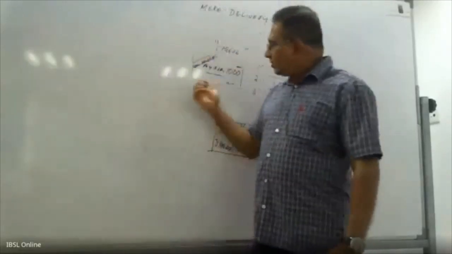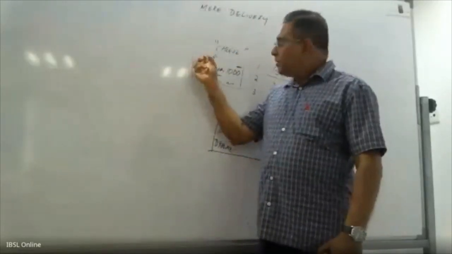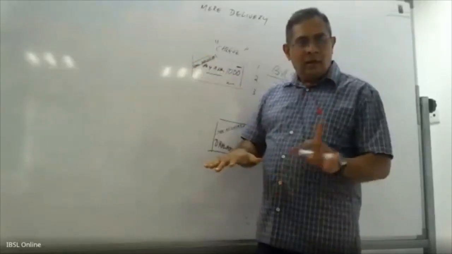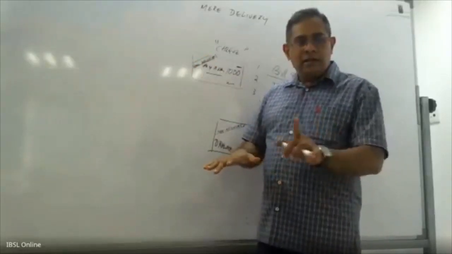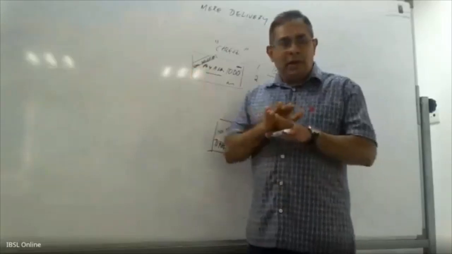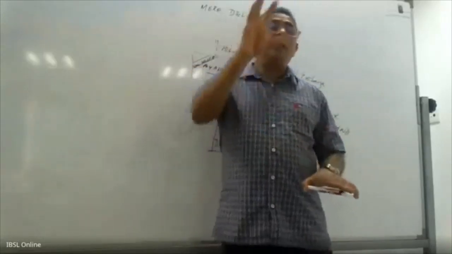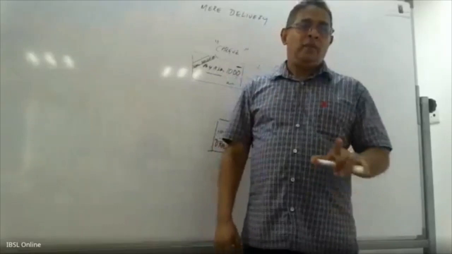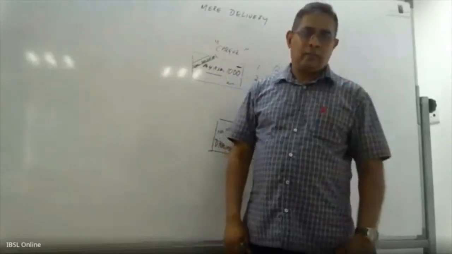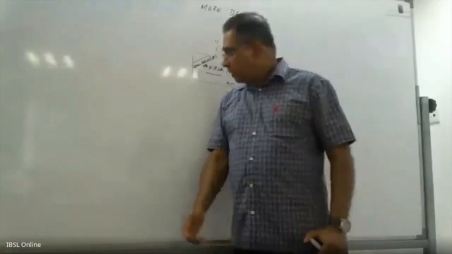So if a check is crossed non-negotiable, transferee, how do you end the spellings? F-E-R-E-E. The transferee will not have a better title than the transferor, F-E-R-O-R. That is the case of a check.